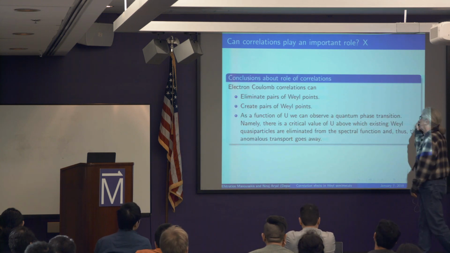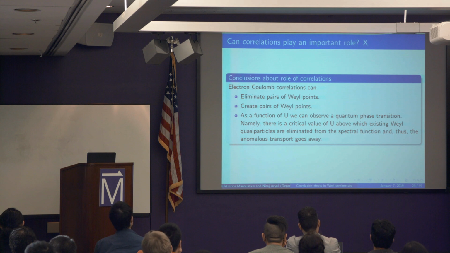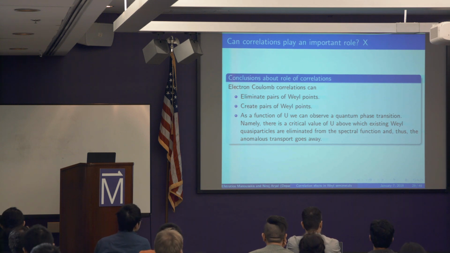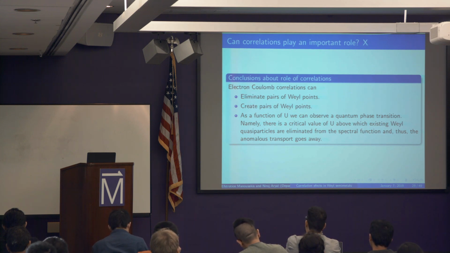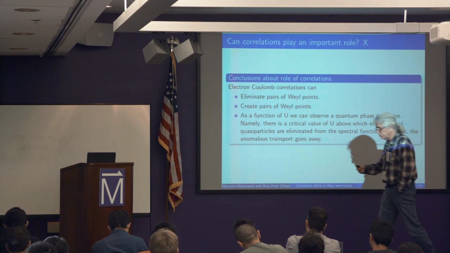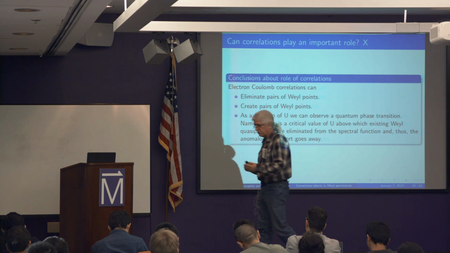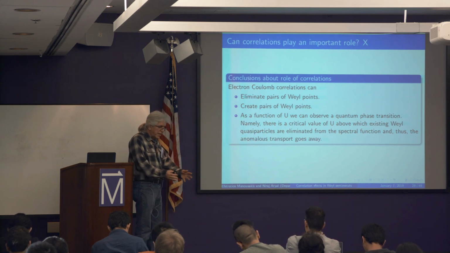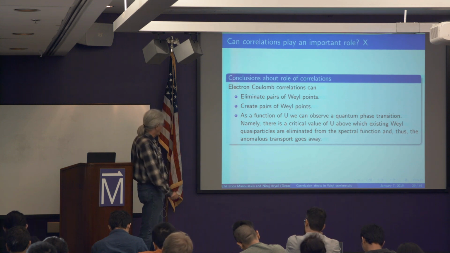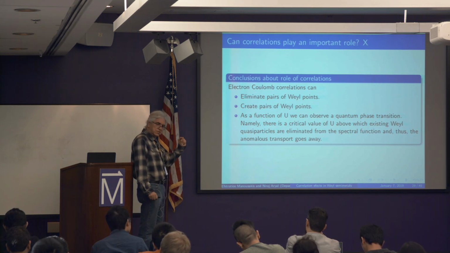So from this simple-minded study, what am I concluding? I'm concluding about the role of correlations that electron-Coulomb correlations can eliminate Weyl points, not right away with an infinitesimal u. You need some u, because they have some robustness. Robustness means that these solutions exist in a range. They don't just exist at one point, right?